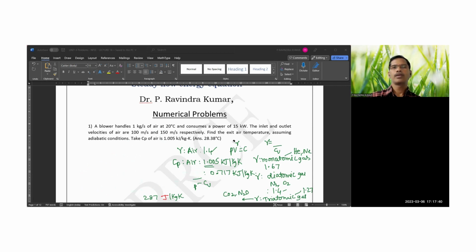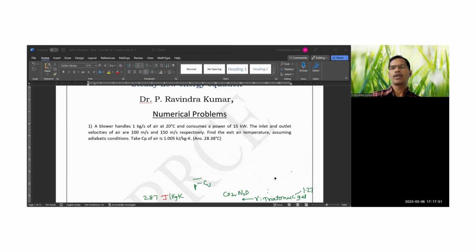Now coming to the problem, the blower is mentioned here. Certain things you should observe in thermodynamics: there is a blower, a fan, and a compressor. What is the difference between the fan, the blower, and the compressor?